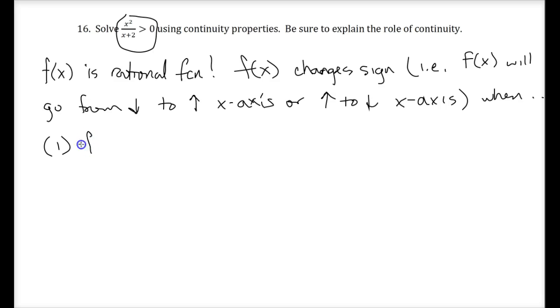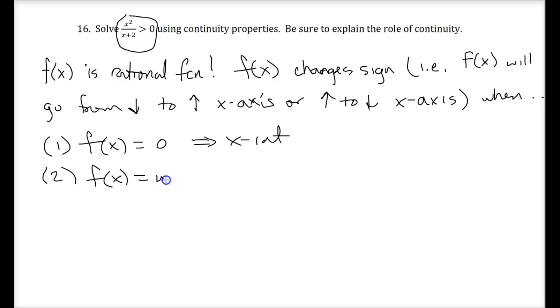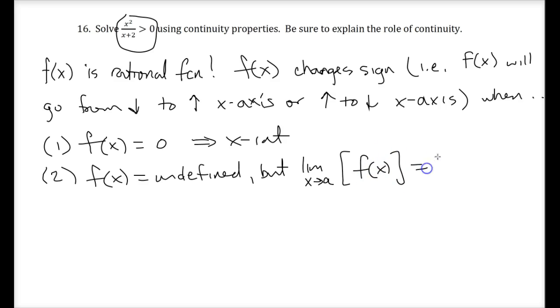Case number 1, when f of x is equal to 0, that means you have an x-intercept. And number 2, when f of x is undefined, but we have the behavior of the function as x approaches some value a, either equaling positive or negative infinity, which means you basically have a vertical asymptote, okay?